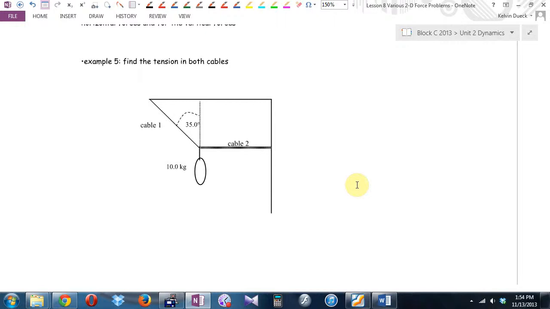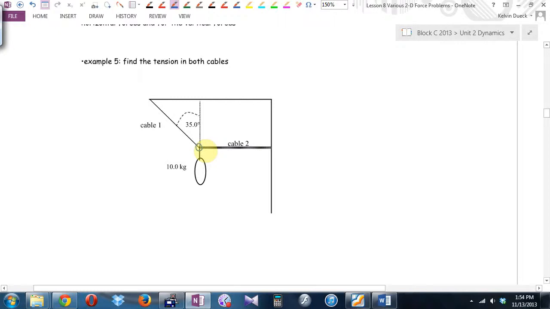It says find the tension in both cables. What we want to do is a free body diagram. Well, we're going to label the forces. We're not going to label the forces on the mass, because the only force on the mass is mg. We're going to label the forces on the spot where the ropes connect. What are the forces acting right there?